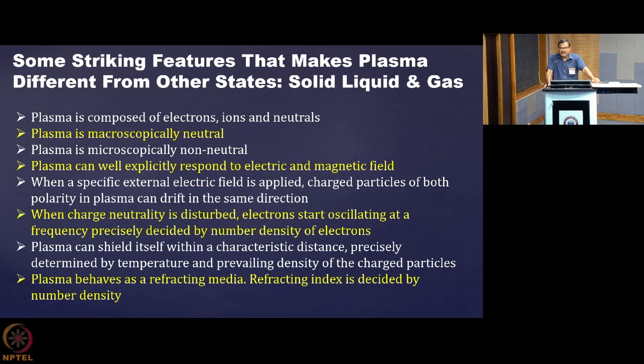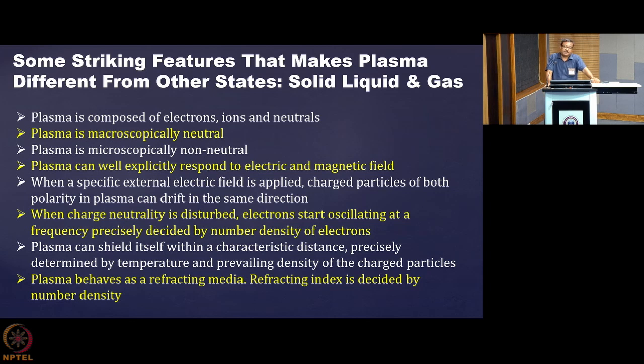Now, plasma can shield itself within a characteristic distance, precisely determined by the temperature and the number density of the charged particles. So the macroscopic volume, the minimum volume within which the charge neutrality will be maintained, is basically determined by the plasma temperature and the prevailing number density.